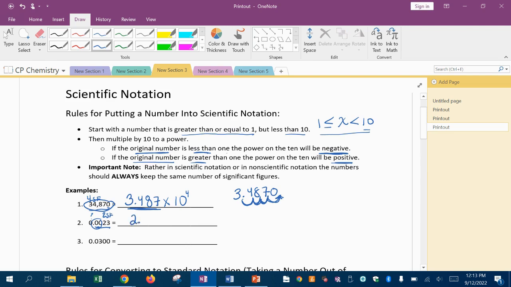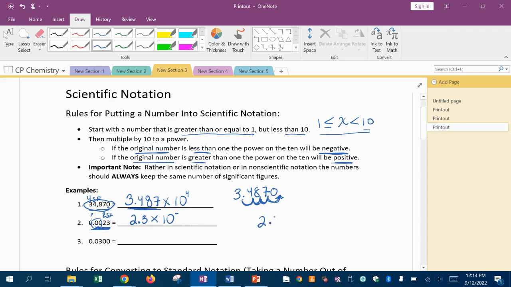So this would be 2.3, because it's got to be bigger than 1, less than 10, times 10. Now notice I have to take this 2.3 and make it a smaller value than 2.3. I have to make it 0.0023, so I know I'm going to have a negative exponent. And remember, the exponent tells you which direction you're going to move the decimal and how many times. So negative, I'm going to have to move it back to the left.